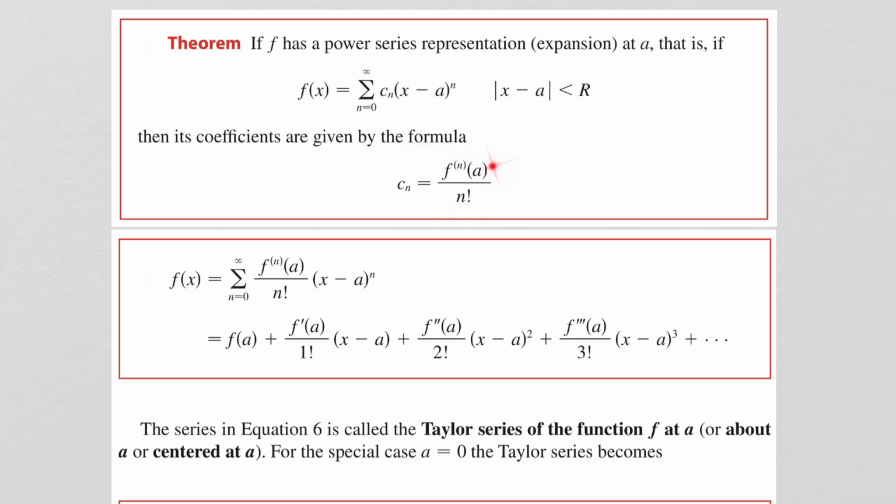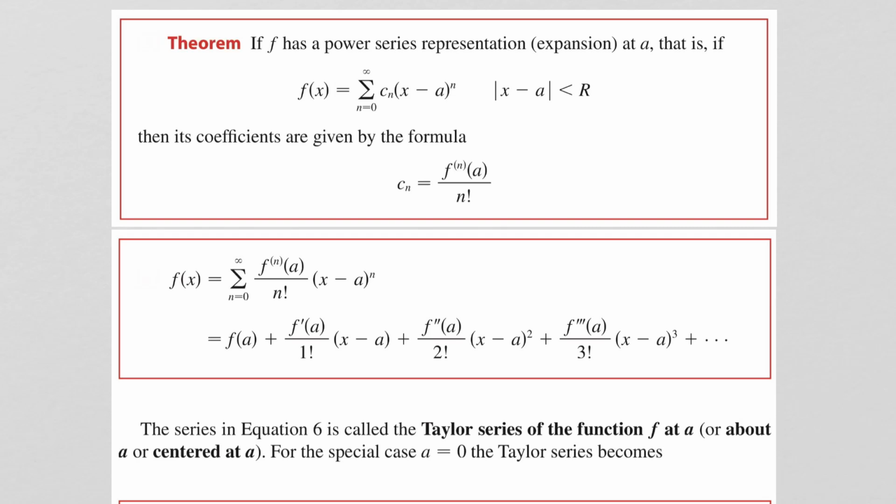This is the formula we just derived previously. Now, if you go ahead and take this formula and plug it in for cn, then you can rewrite this theorem in the following way. f of x is always equal to the sum n equals 0 to infinity, nth derivative at a over n factorial times x minus a to the nth power.